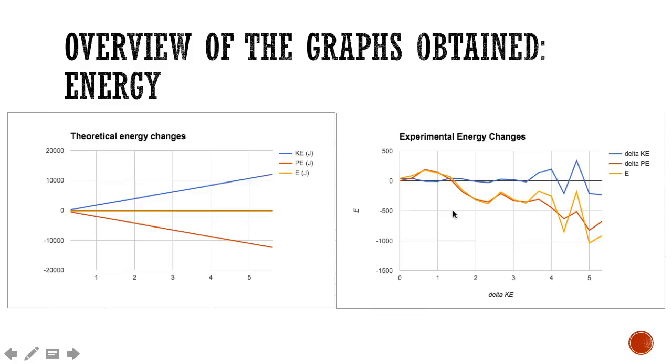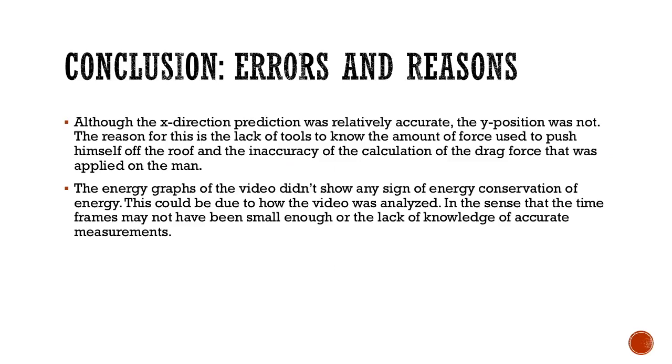But the experimental energy changes actually didn't follow any pattern. The total energy followed the same shape as the kinetic energy, but was down at the level of the potential energy. This information was very confusing, and it might have been due to the lack of some information.